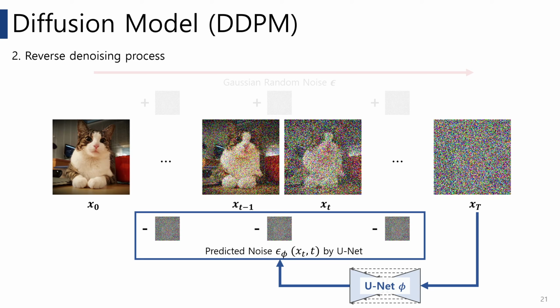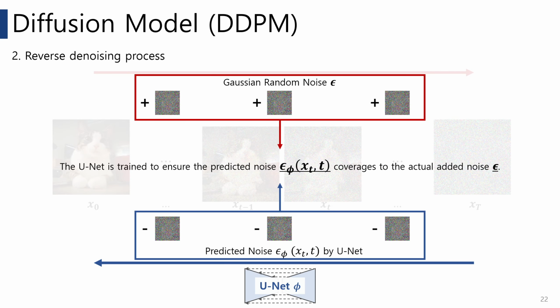When the noisy latent xt is passed through the UNet, it outputs epsilon phi, which is the predicted noise that is expected to have accumulated up to time step t. The UNet is trained to ensure the predicted noise epsilon phi converges to the actual added noise epsilon.